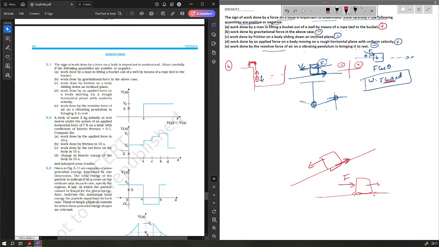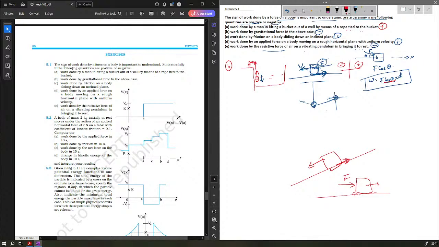On a rough surface, it means that friction is acting, but we are not concerned about the friction force direction over here. We are only concerned about the direction of the applied force.